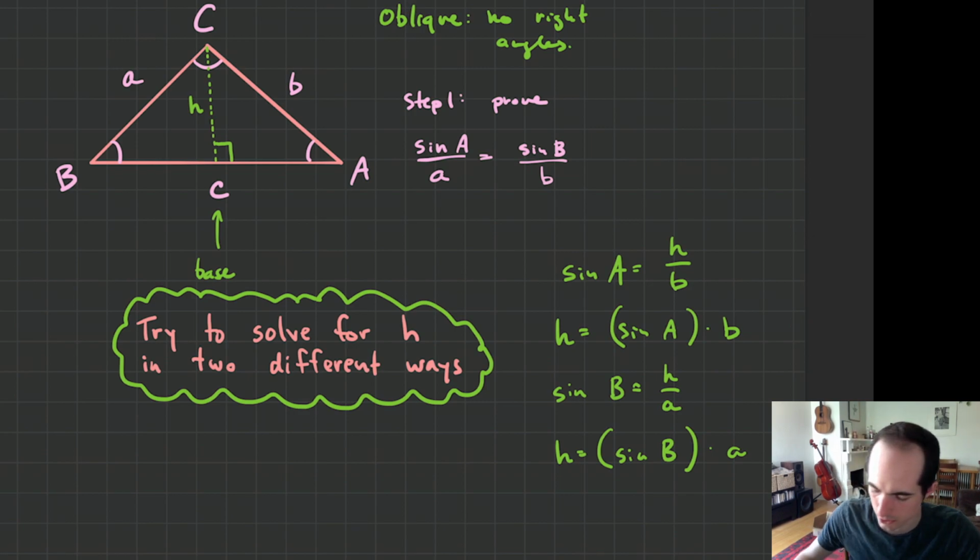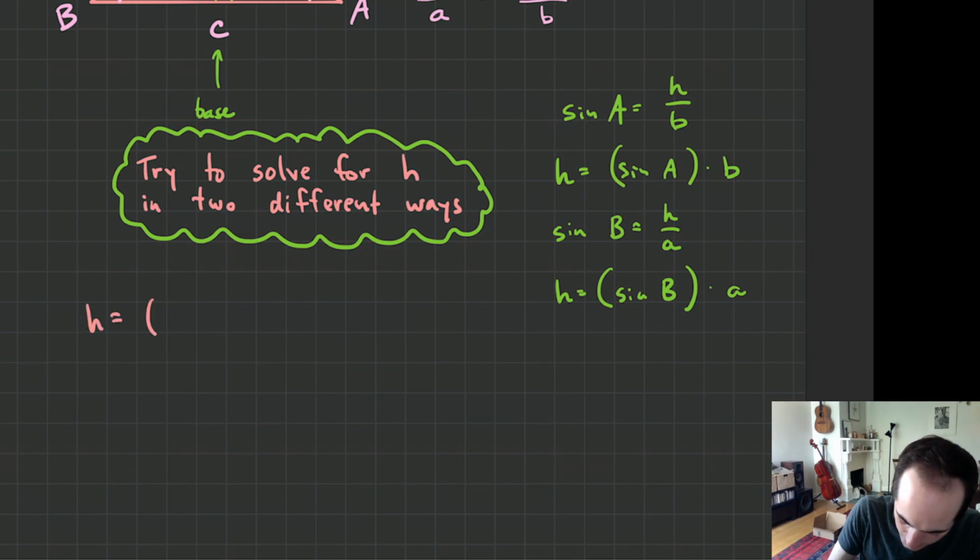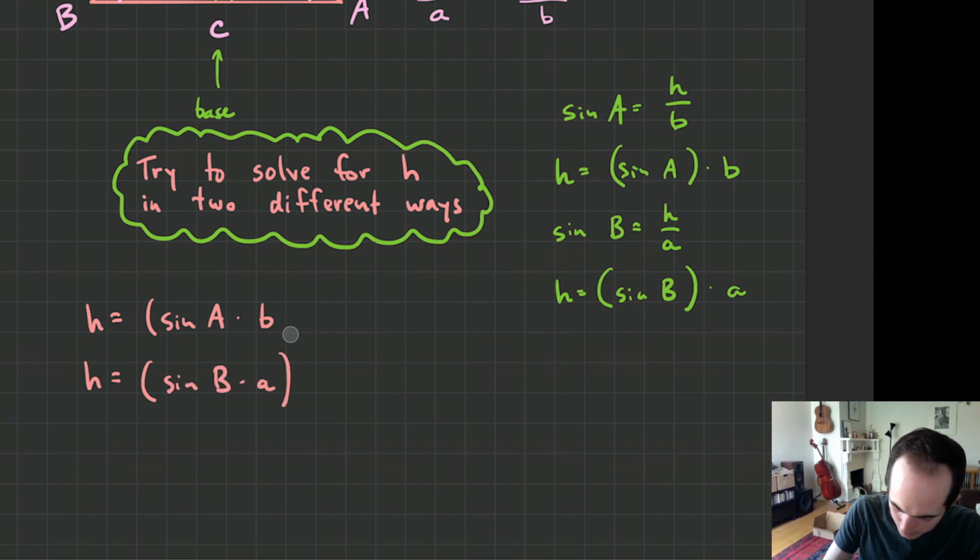That's looking good. Okay, so if h is equal to one thing, (sine of A) times b, and h is equal to another thing, (sine of B) times a, oops, I'm putting the brackets in the wrong spot. Let's do this, there we go.